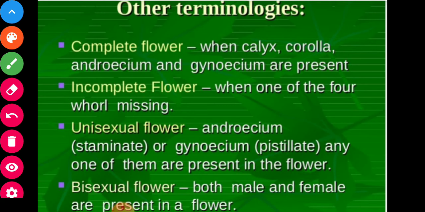Unisexual, when any one of the male or female reproductive parts is present in a flower, not both, then it is called unisexual. And when both are present in the same flower, then it is called bisexual. So these terms are used when we describe a flower.